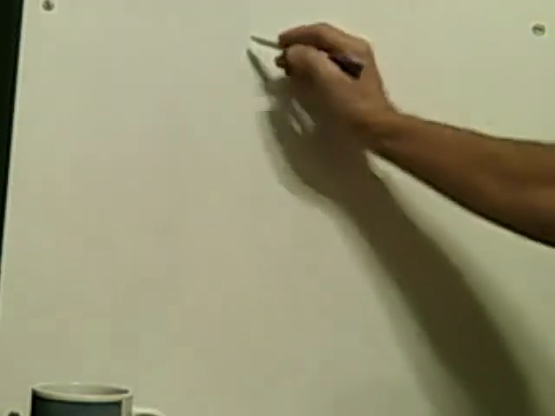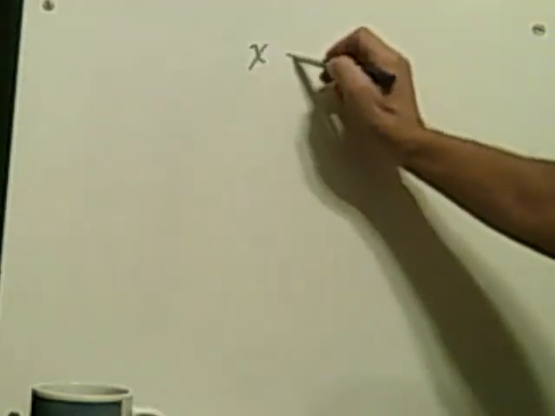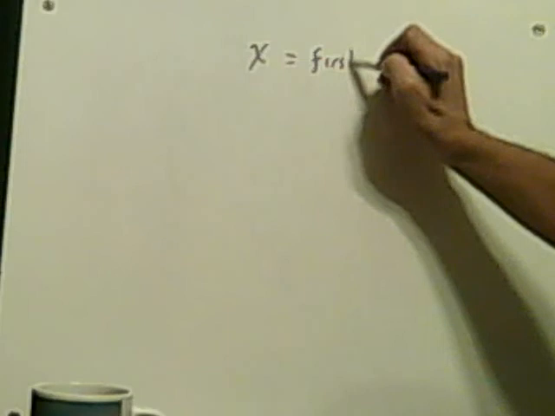A second number is 6 less than a first number. Okay, well I'll call the second number, second number is 6 less than the first number. A third number is twice the first number. Okay, so we have one number. So the first number we're just going to call x. I'm just going to arbitrarily say x is equal to the first number.